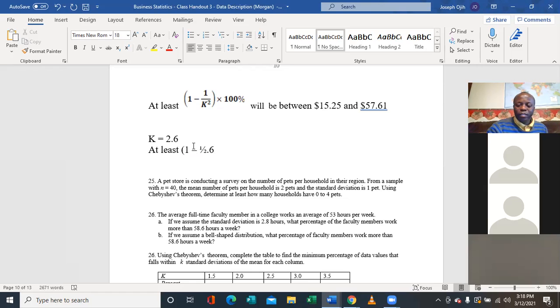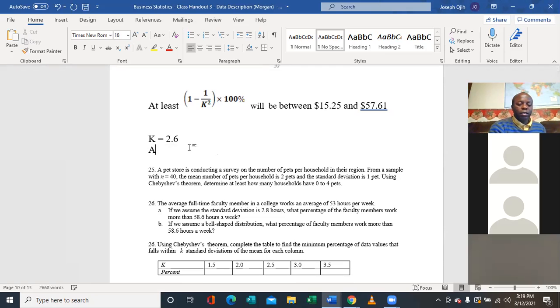The computer put this automatically. Let me take you to where the formula will allow us to put it in properly.